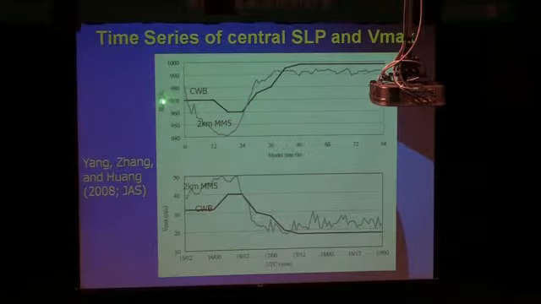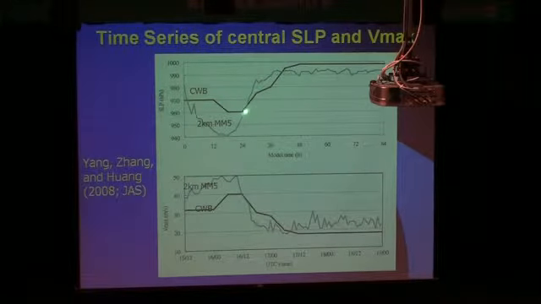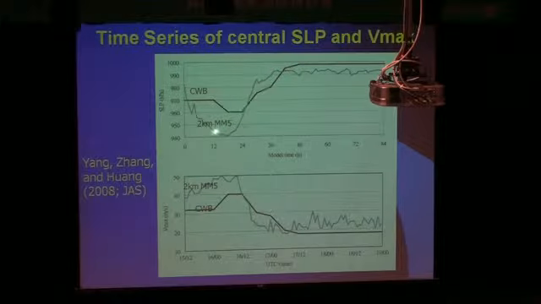And this one shows the time series of the central sea-level pressure and the maximum wind speed. Before landfall, the 2 kilometer run seems to be a little bit stronger than the best track analysis. However, after making landfall, the simulation captured quite well the filling of the central pressure and the weakening of the maximum wind after landfall, and then remained at a roughly constant value.